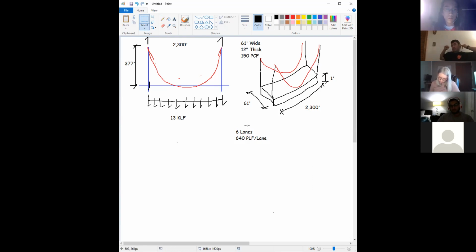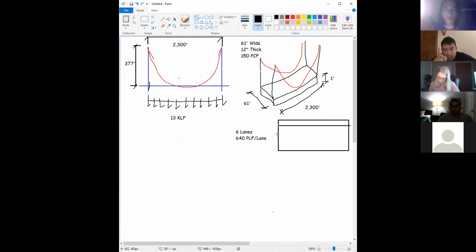All right, so we have all of these things. I'm just going to keep the visual representations up. Actually, why am I drawing it by hand? Beautiful boxes. 1, 2, 3. All right, so 6 lanes of traffic, and we're only going to draw in 1 lane because this is per lane.